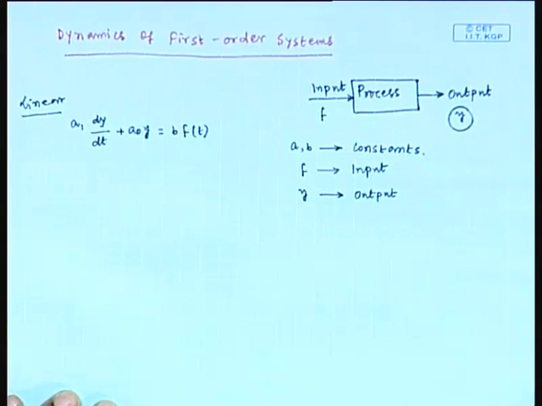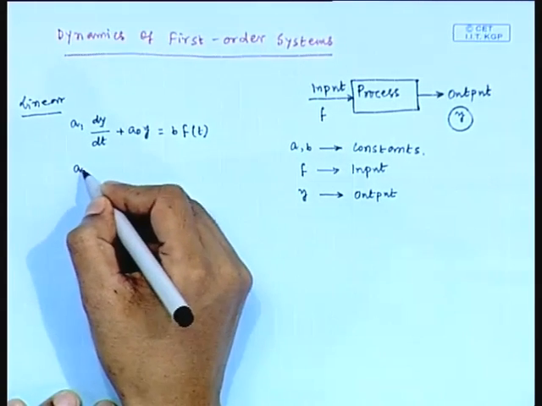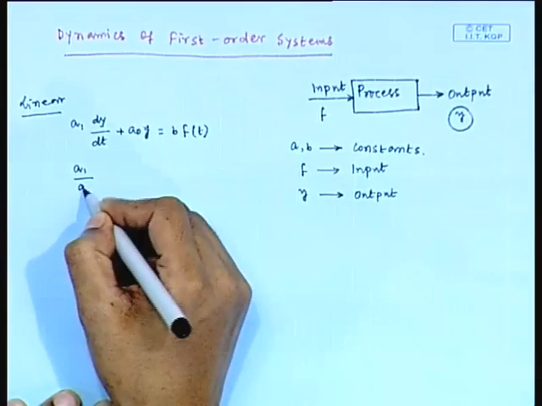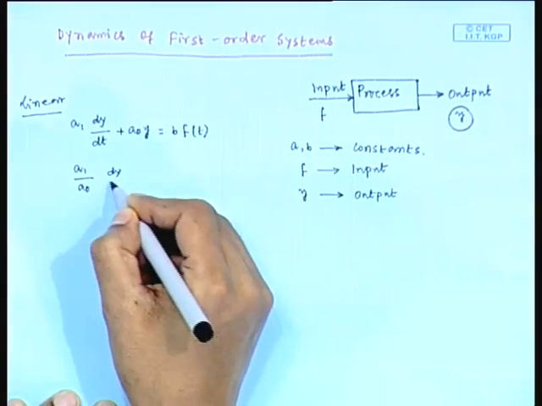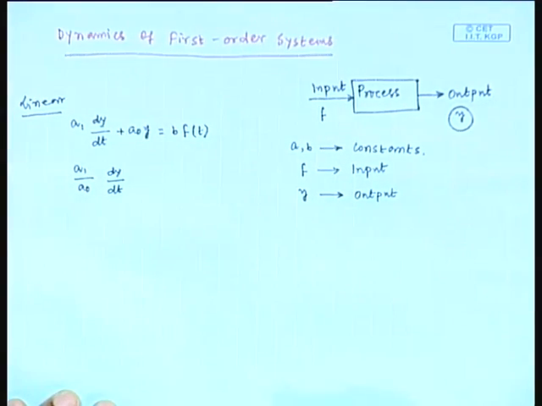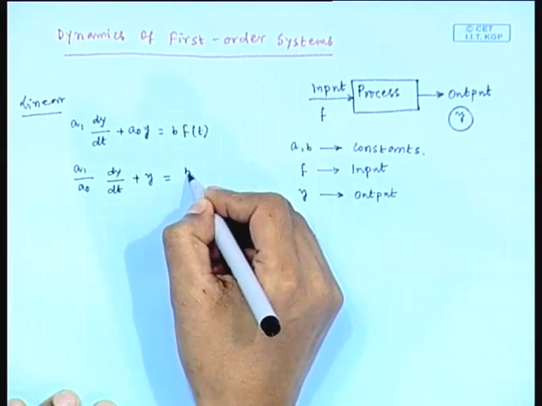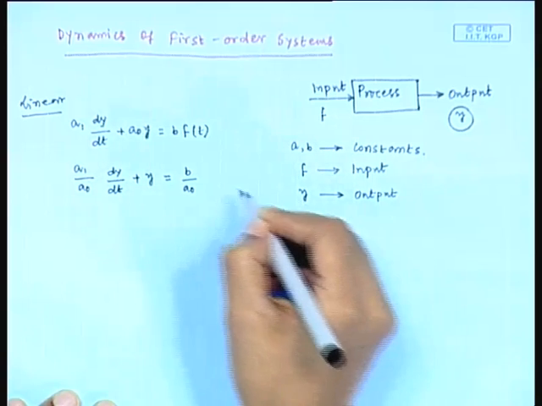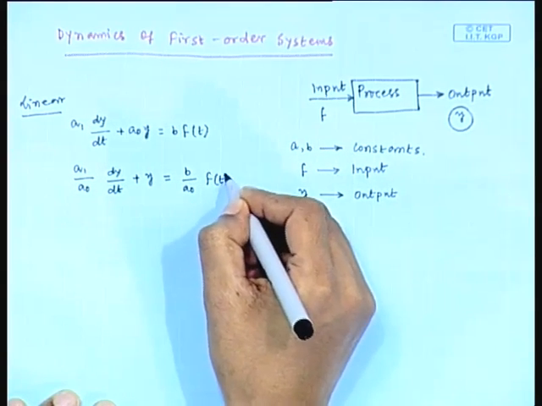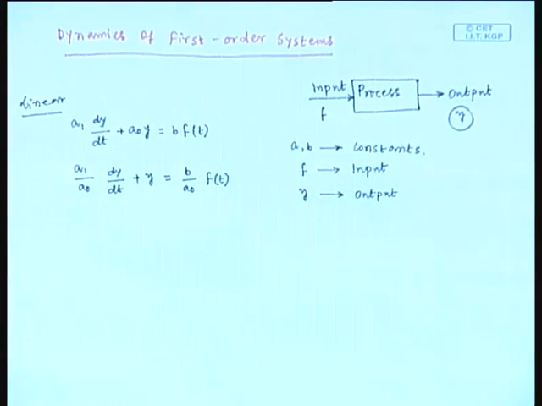Now, if we rearrange this equation, then we get a1 divided by a naught dy/dt plus y equal to b divided by a naught f(t). Fine. Now, before this I want to mention one thing, that we will consider two cases.